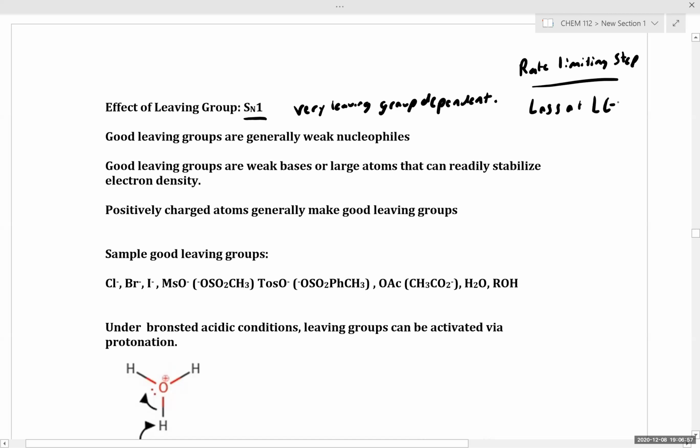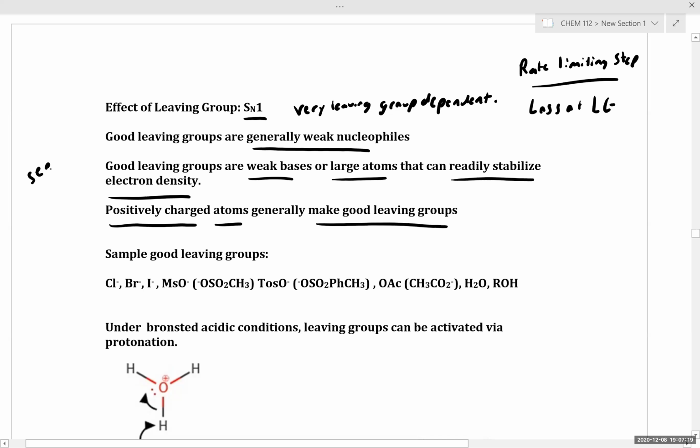So in general, the better our leaving group, the faster the rate of SN1 reaction. So good leaving groups are generally weak nucleophiles, or they're considered weak bases or large atoms that can readily stabilize electron density, right? Additionally, positively charged atoms generally make good leaving groups. You can see our table of leaving groups that we presented earlier on in this chapter.